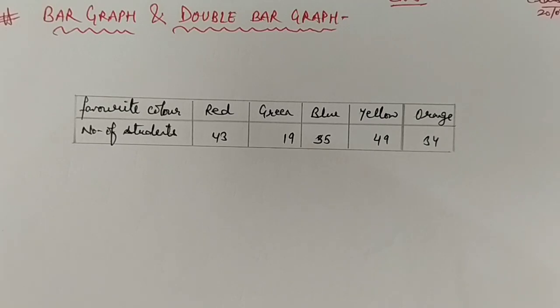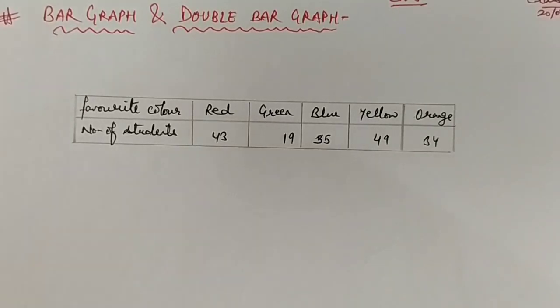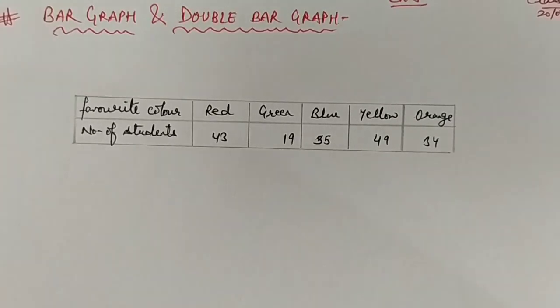Talking about the bar graph, you know that data is represented by using a bar graph. Any data that is given to you, like considering the favorite sports of the students of your class. You have 60 students in your class and you ask the favorite sport of each student, selecting from 5 sports like kabaddi, kho kho, badminton and other.